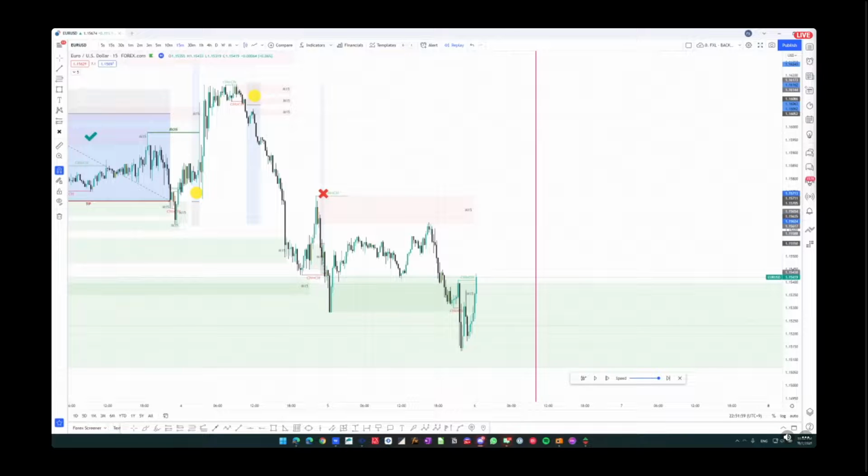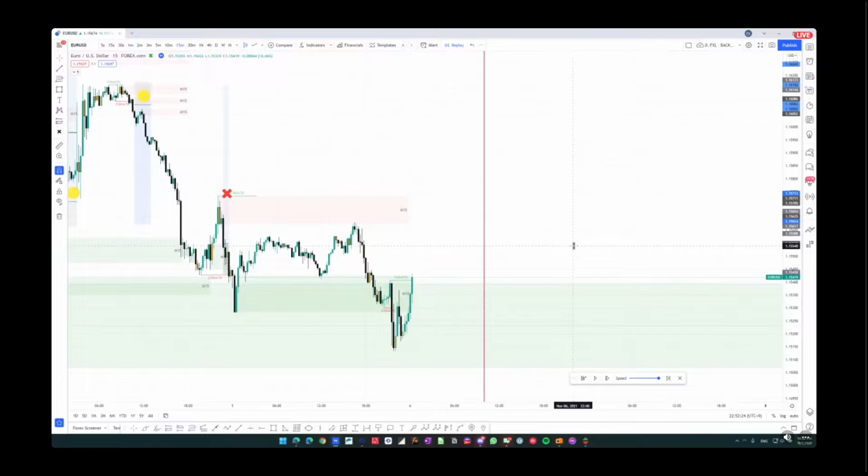But if I wait for this short, I could have a buy here with little risk. But you remember the thing with minor structure and substructure. When I get in here, I get in too early and there's no minor structure created. At least minor structure created here.